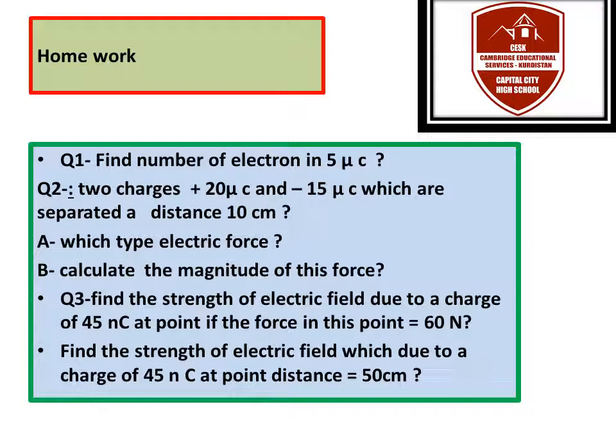Question 2. Two charges, positive 20 microcoulomb and negative 50 microcoulomb. These are the two charges, here positive and here negative, separated by a distance of 10 centimeter.